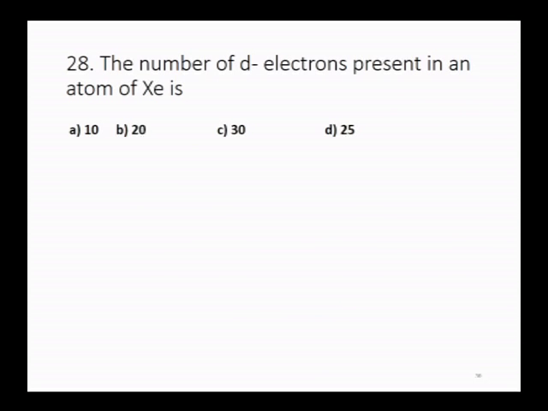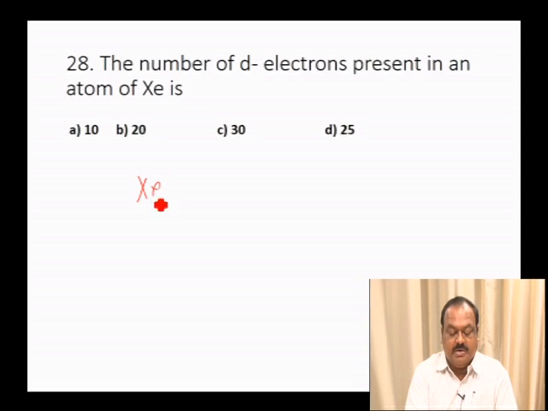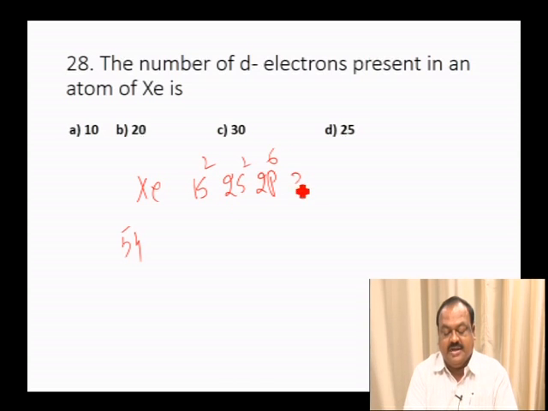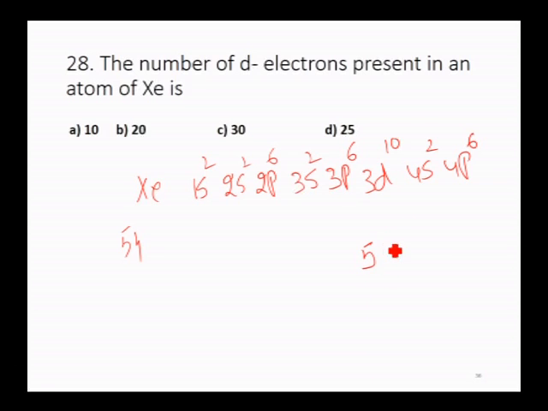The number of d electrons present in an atom of xenon. Xenon atomic number is 54. Electronic configuration: 1s2, 2s2, 2p6, 3s2, 3p6, 3d10, 4s2, 4p6, 4d10, 5s2, 5p6.